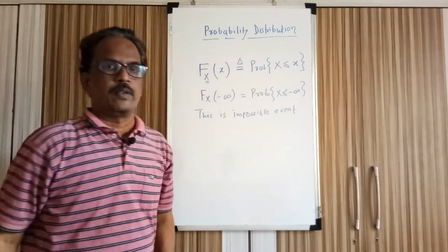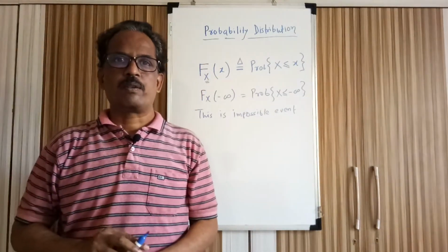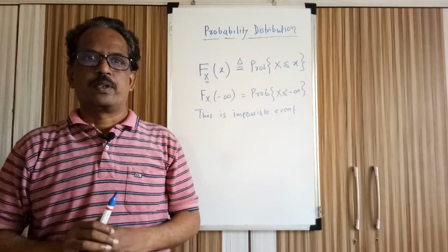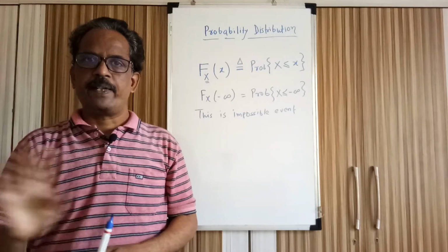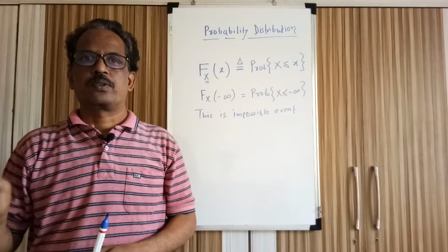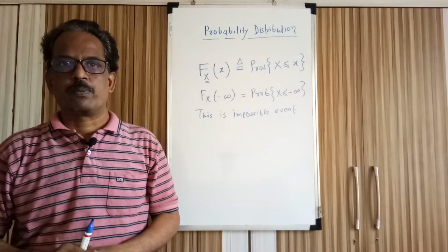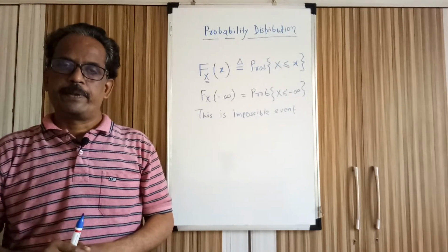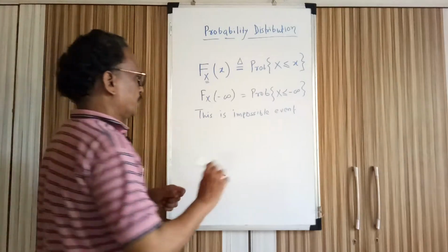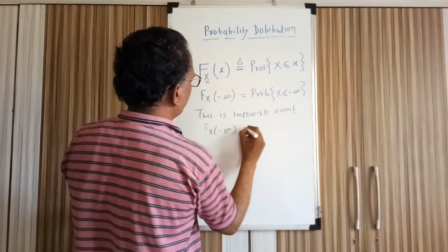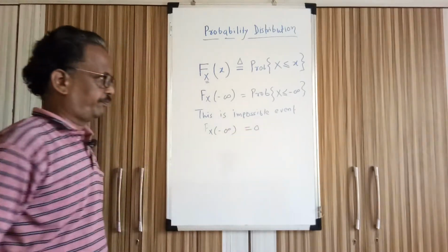The random variable is not going to take value less than or equal to minus infinity. So this event doesn't exist, and the probability of an event which is not existing is 0. So F_X of minus infinity is 0.